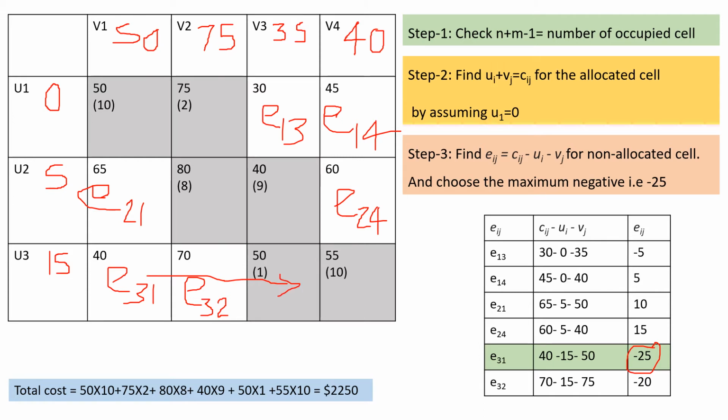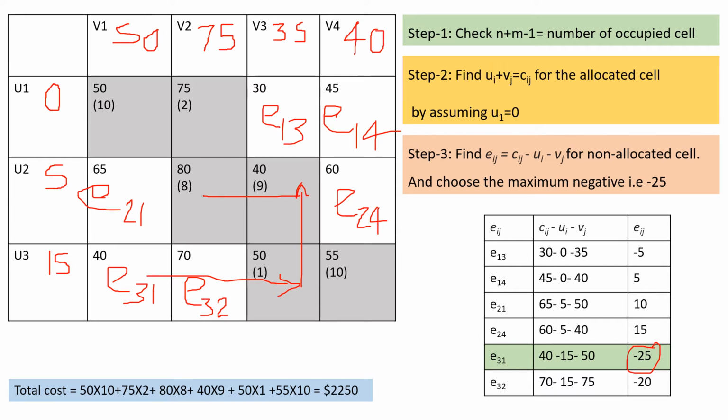By the way, if we continue, we cannot get a turning allocated point, so we have to turn like this. And using this allocated cell as a stepping stone, let's move to this.